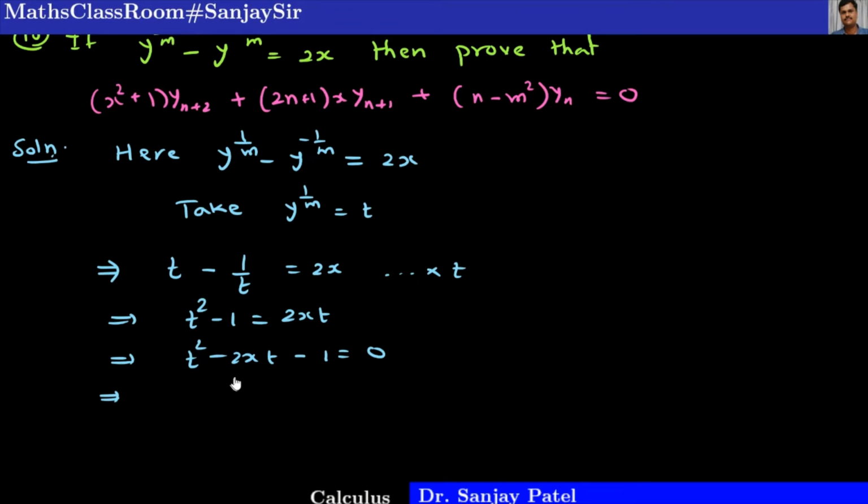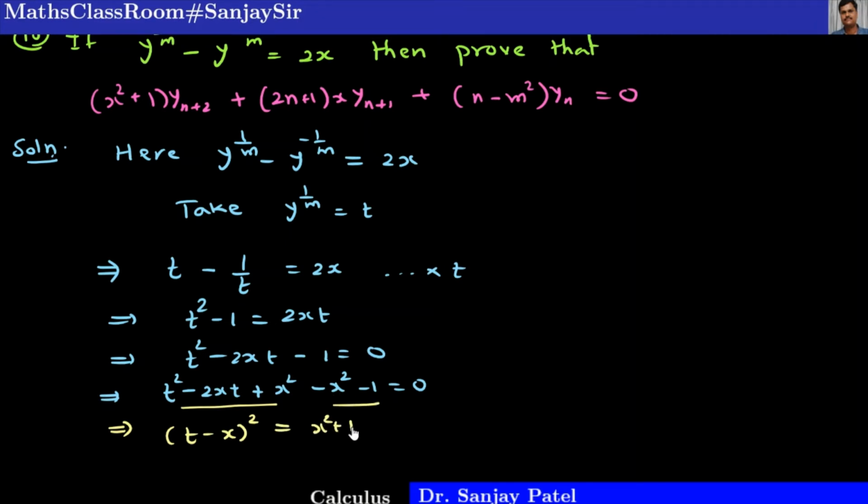So the last term is missing, and as you know how to make it a perfect square, we must add and subtract x square here. So x square minus 1 is equal to 0. Now collecting the two groups, we can rewrite this step as t minus x whole square, and taking this x square and 1 on the other side, we'll get x square plus 1.